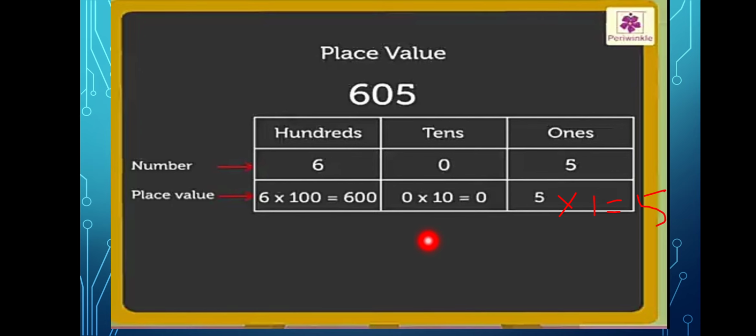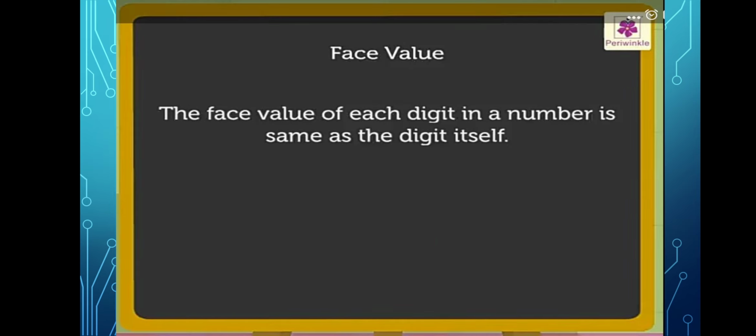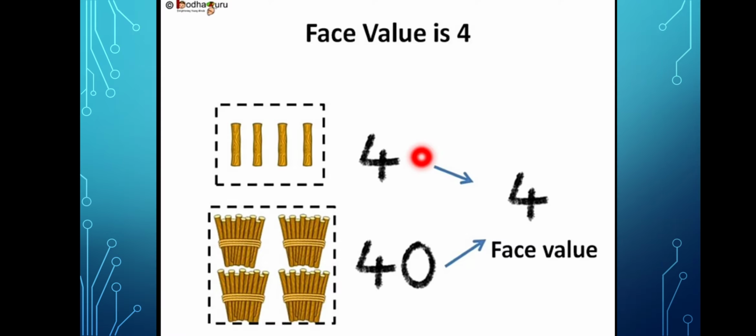now let us learn what is face value. The face value of each digit in a number is the same as the digit itself. As we can see here, 4 represents 4 sticks and 40 represents 4 bundles of 10 sticks.